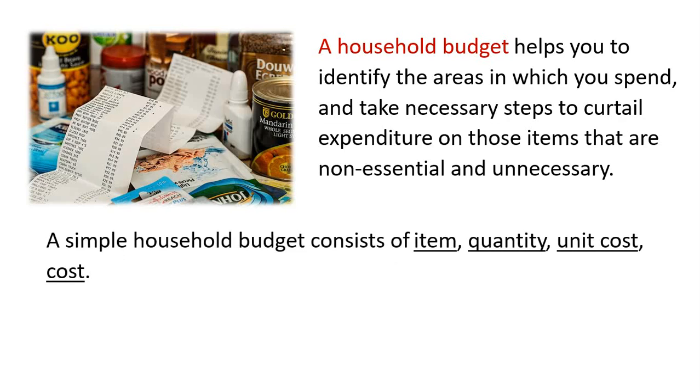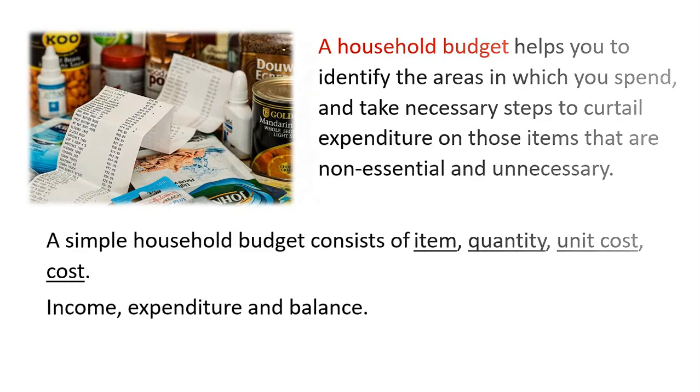We shall also talk about what we call income, expenditure, and balance. But let us first of all define an item. An item is an individual article or a unit in a list, for example, shoes, books, pens, bread, etc. That is an item.